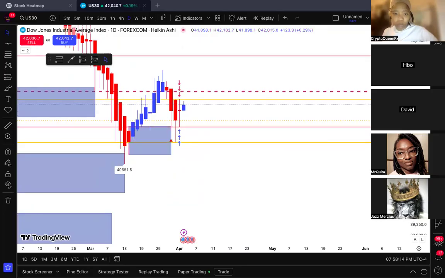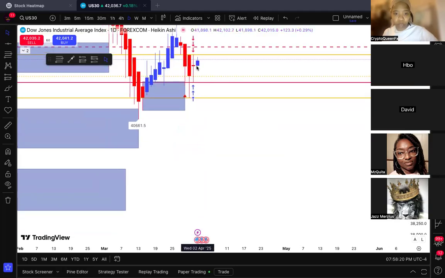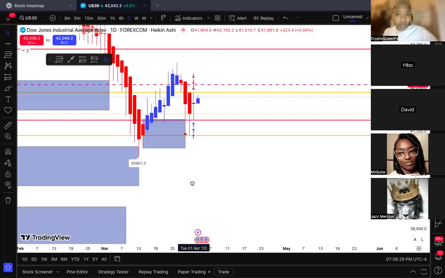So it looked like the US 30 is breaking structure right here on a daily. It came down and retested here on the daily. Yeah, and this was the retest.